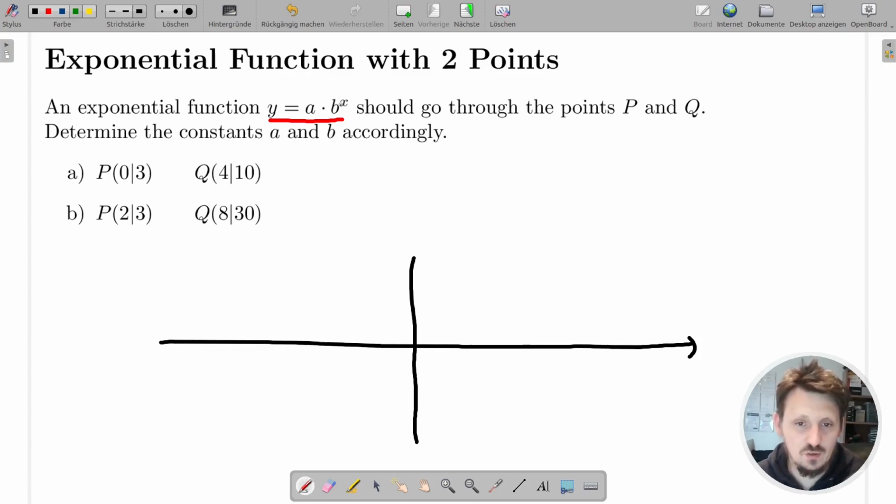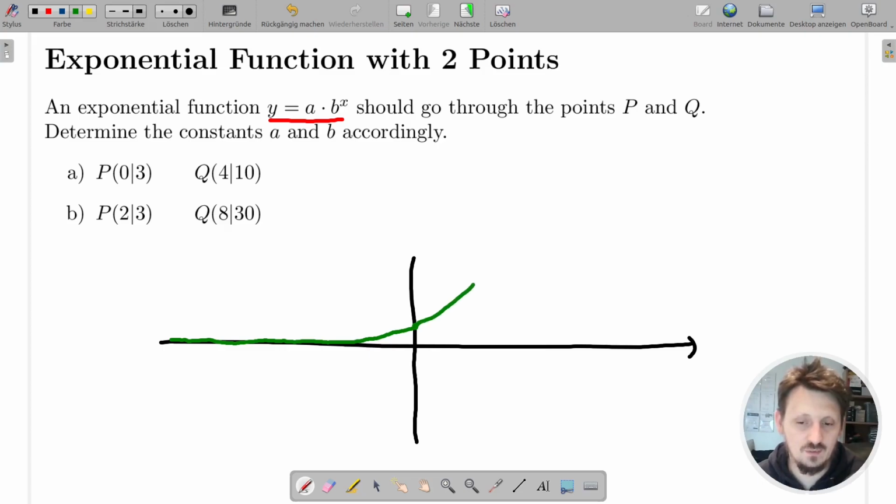So for x values below 0, we are very close to the x-axis. The values are very small, and then it slowly rises until it hits here the y-axis at x equal to 0. And x equal to 0 means b to the power 0 is 1, and only a remains. So this is our value a that we get.